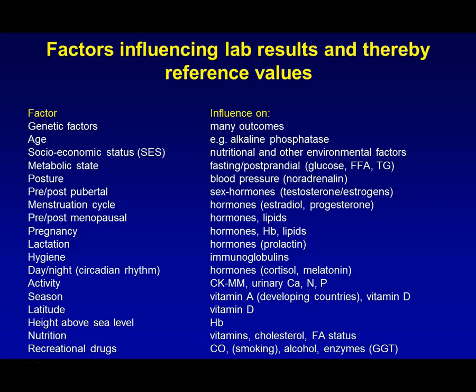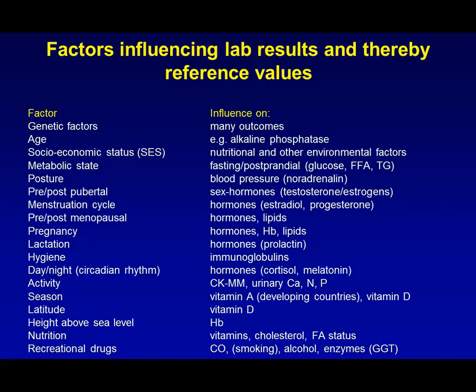Puberty influences sex hormones, and the same holds true for the menstruation cycle and menopause, but also pregnancy. Not only hormones are influenced by those factors, but also lipids, for example cholesterol, and in pregnancy we find a difference in hemoglobin.